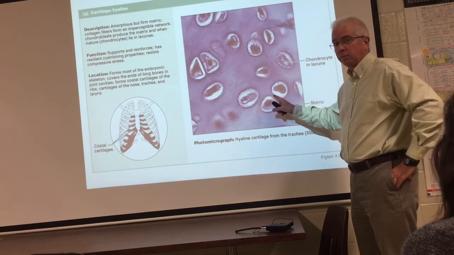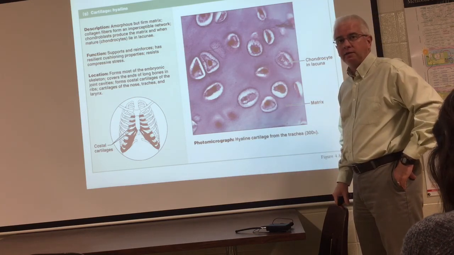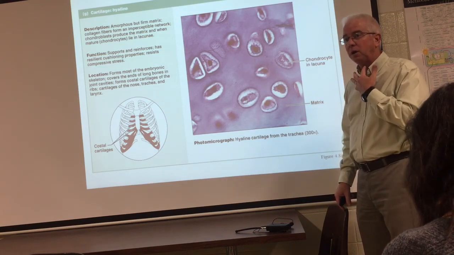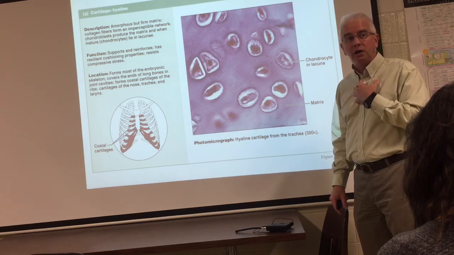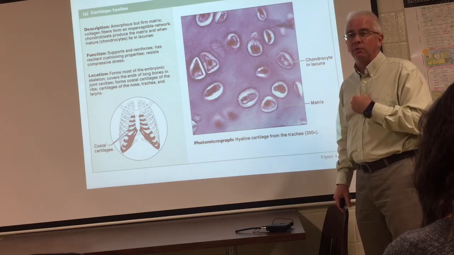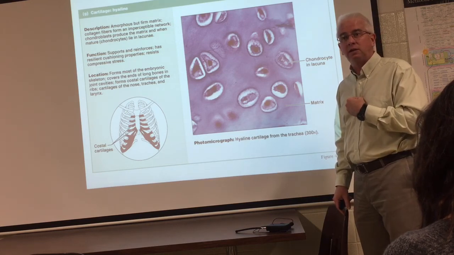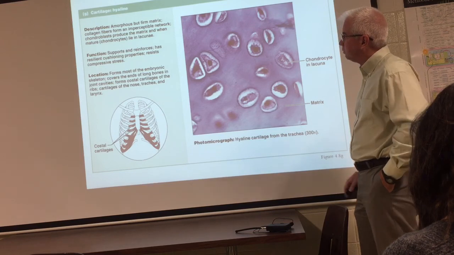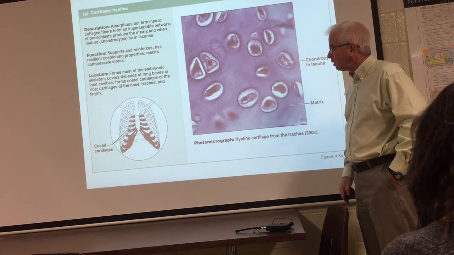This is the main support structure for your airway, at least in the upper respiratory tract. Hyaline cartilage keeps your voice box open, and it keeps your trachea open. It's like the ribs on a reinforced garden hose, keeping these tubes open. Hyaline cartilage, very important tissue in the body.